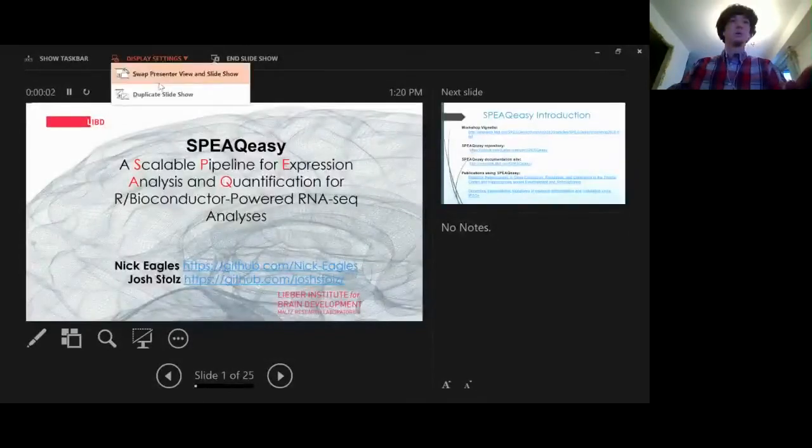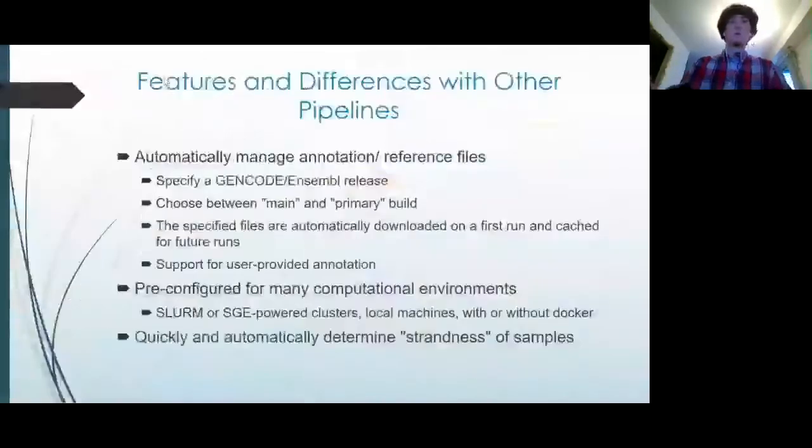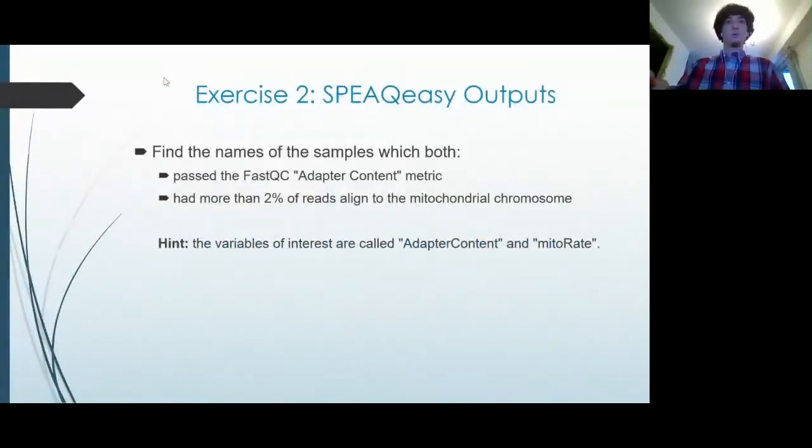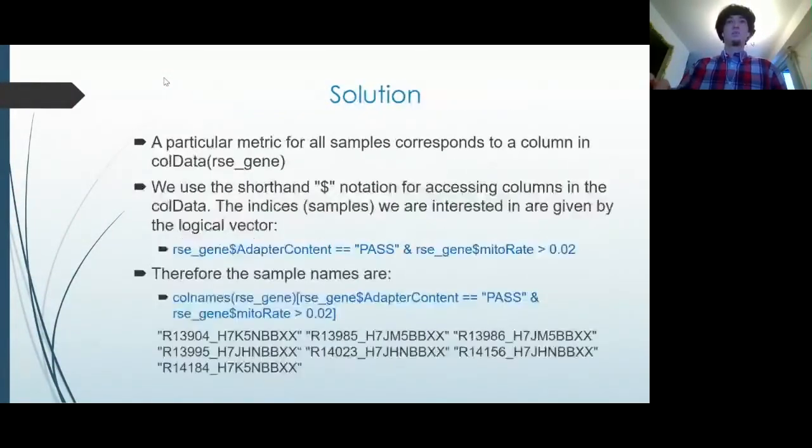Let me do this quickly. Okay. So we're looking for a couple of different metrics for these samples, and a particular metric corresponds to a column in the colData slot of the RSE gene object, and we can use the shorthand dollar sign notation for accessing columns in the colData.